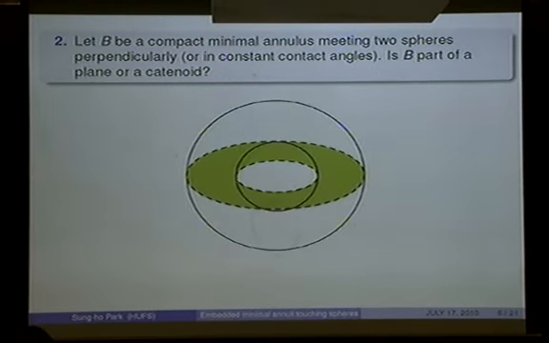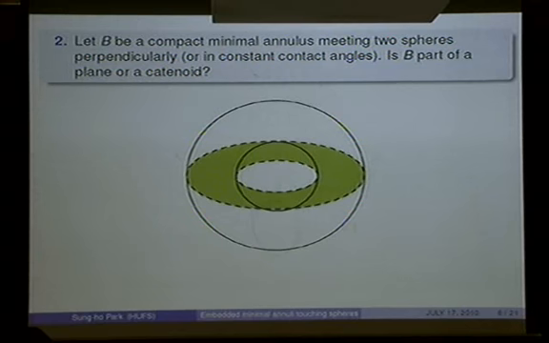And the second problem I want to introduce to you is this one. Let B be a compact minimal annulus meeting two spheres perpendicularly or at constant angles. And I may ask whether the minimal annulus is part of a plane or part of a catenoid.